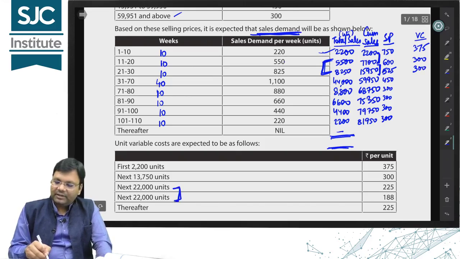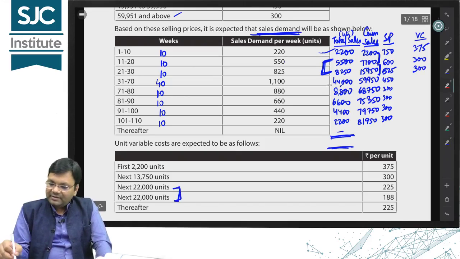Next 22,000 and next 22,000. This is something unique here. What we have here is a complete 44,000. So in order to take the cost, we need to break this 44 into two parts, 22 and 22. So here also 22,000, here also 22,000.